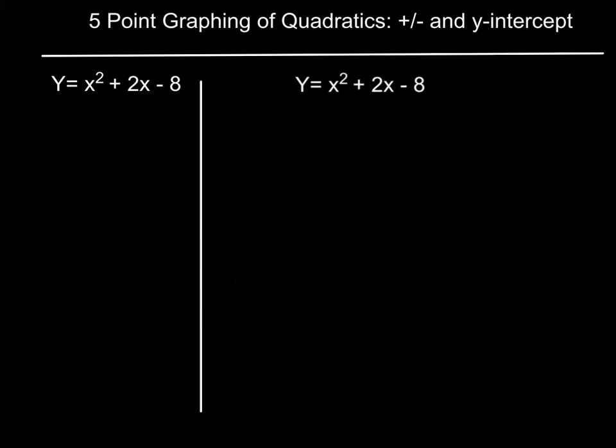Okay, so now we're going to start looking at the equation and then compare it to a graph. Like we just said a moment ago, this right here is the A term. The A term tells me what my graph looks like, and it tells me if it's going up or down. Since it's x squared, that means it's going to be a parabola, and it's going to be a U, or going up.